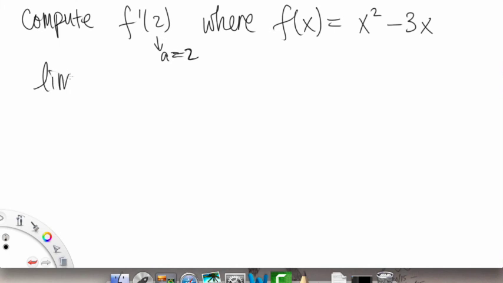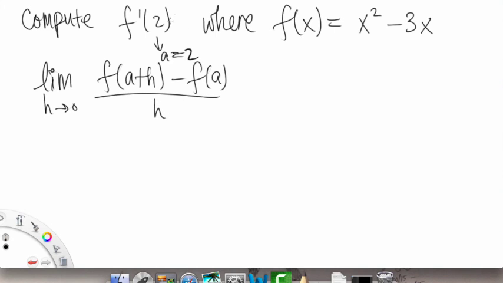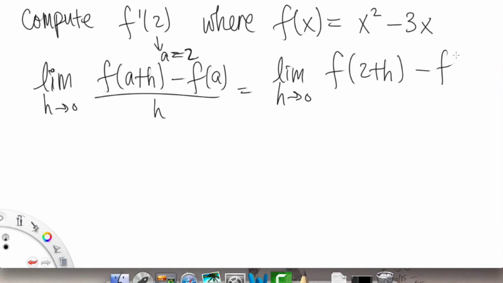I'll use the second definition of the derivative. So limit as h approaches 0 of f of a plus h minus f of a all over h, okay? So what we want is limit as h approaches 0, and I'll plug in 2 for a now. So we want f of 2 plus h minus f of 2 all over h.